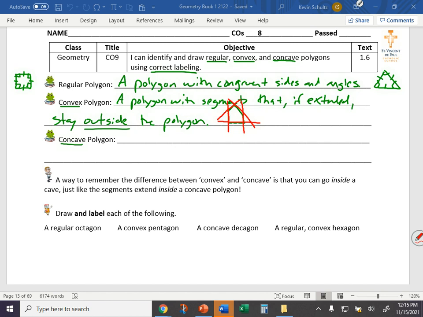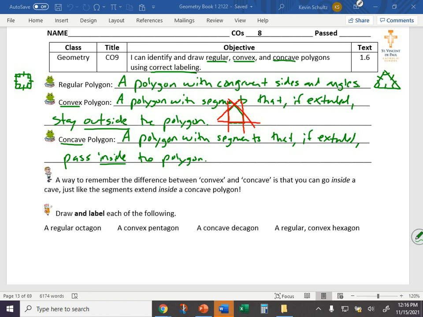Concave polygon, can you guess? The opposite. Yeah, kind of the opposite. A polygon with segments that, if extended, pass inside the polygon.